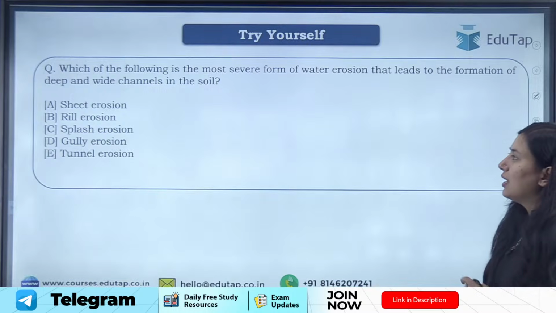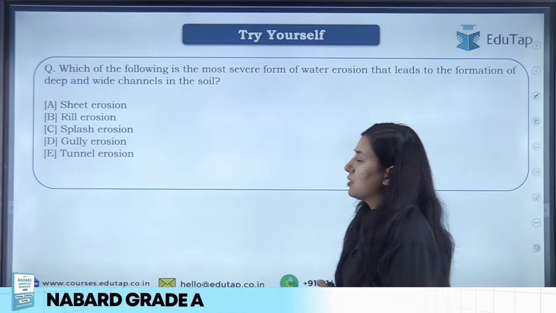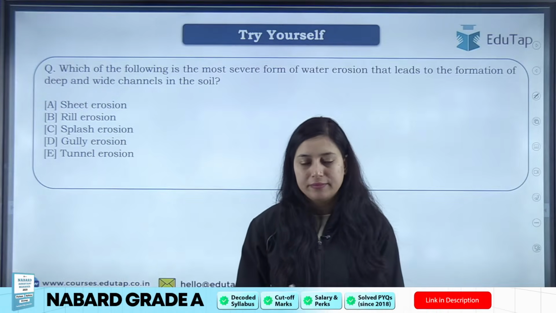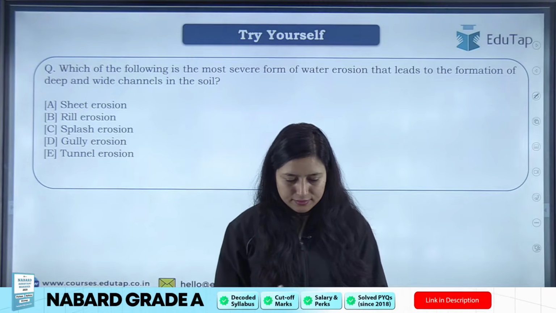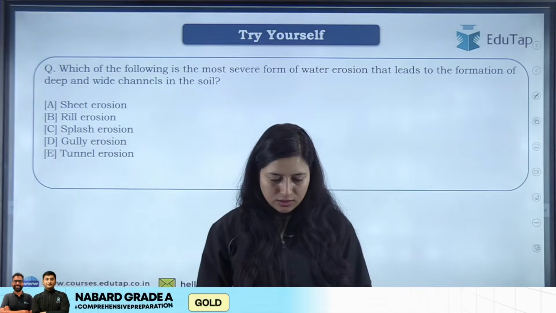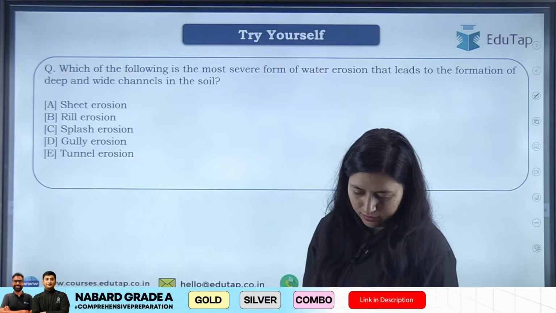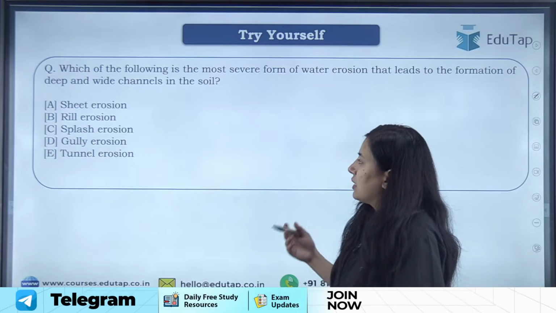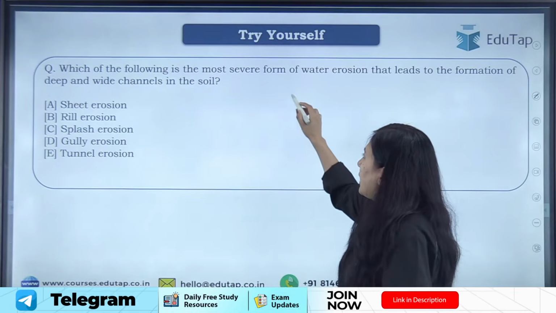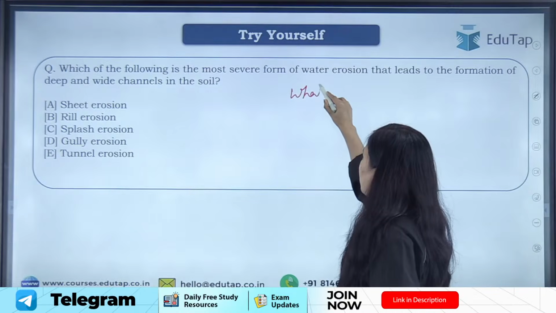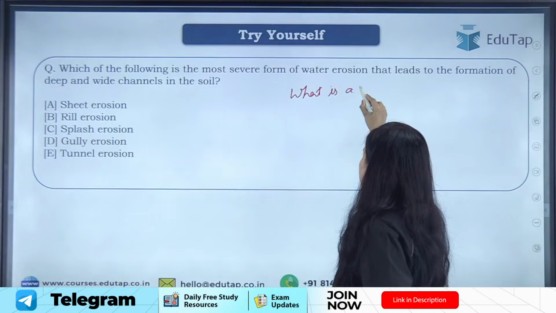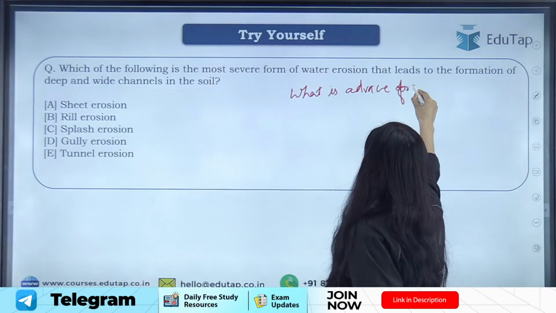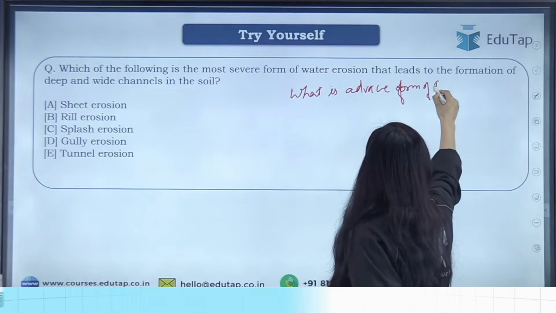Moving to the next question, which of the following is the most severe form of water erosion that leads to the formation of deep and wide channels in the soil? Or I can ask you this question in an indirect way: what is the advanced form of rill erosion?